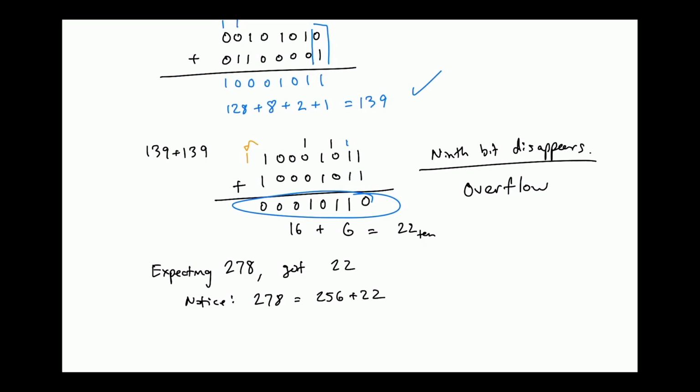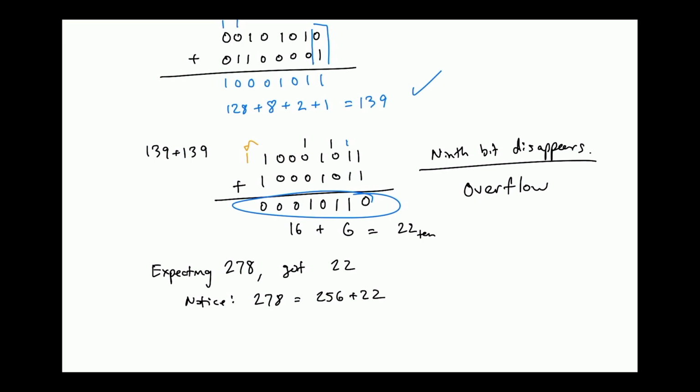Okay, but that's kind of a technical point. So the answer you may get may be surprising, but what will be the case is that the answers will have the same remainder upon division by 256. So what's the remainder of 22 when you divide it by 256?